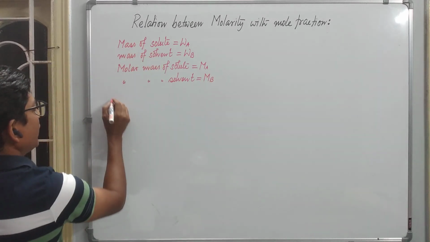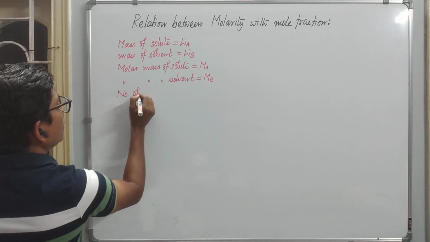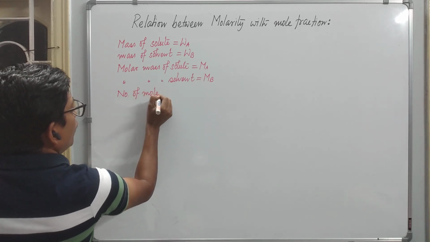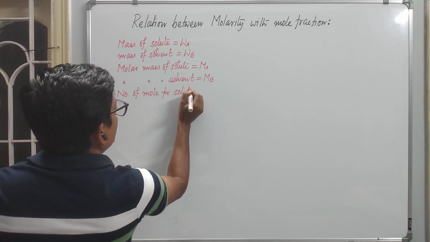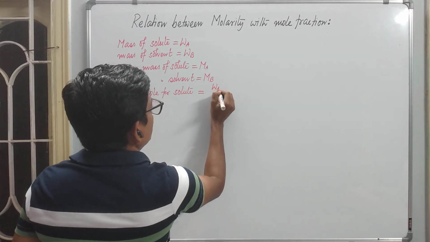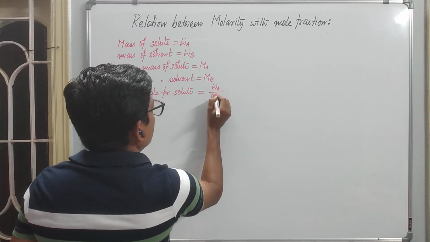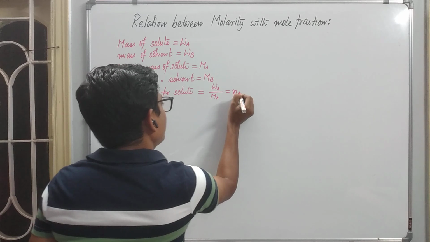So we can easily find out the number of moles for solute, which we can easily calculate if these values are given: WA divided by the molar mass of the solute, which we are taking as MA, for example.